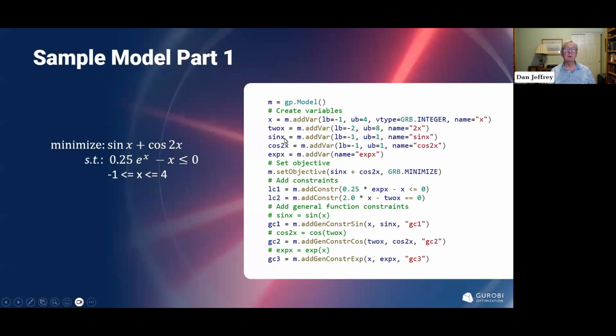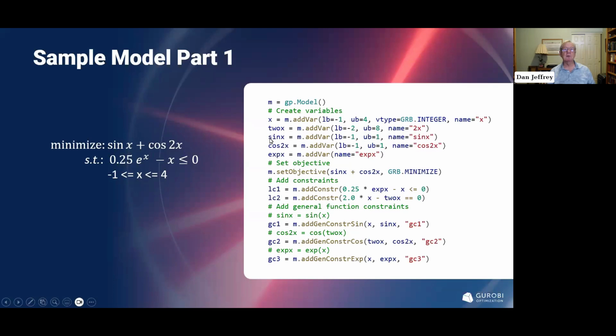We're also adding auxiliary variables to make it univariate, to break down these functions so that we can express them with the Gurobi general constraints. So we're creating a variable 2x to take care of the 2 times x function, and cosine 2x to take care of that whole latter part of the objective function.